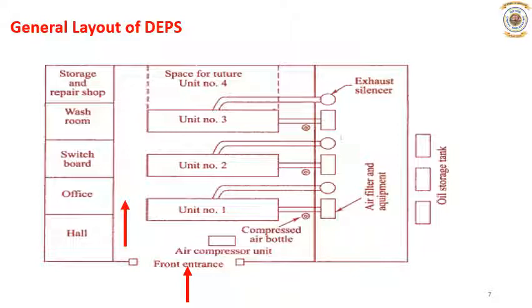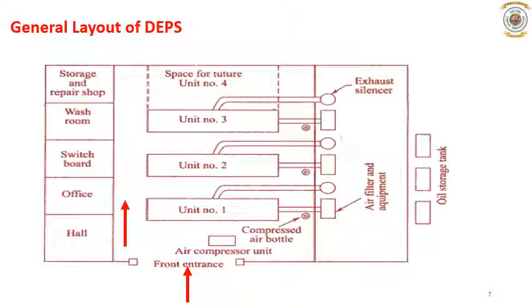The latter arrangement is vibration free, as we have to reduce the noise, and it should be a vibration free atmosphere. Adequate space for oil storage and repair shop as well as for the office should be provided at the front end as shown in the diagram.